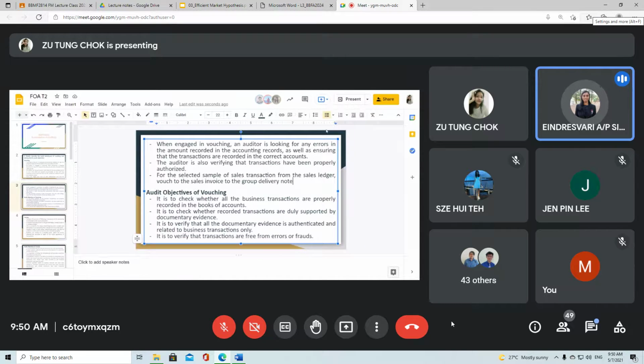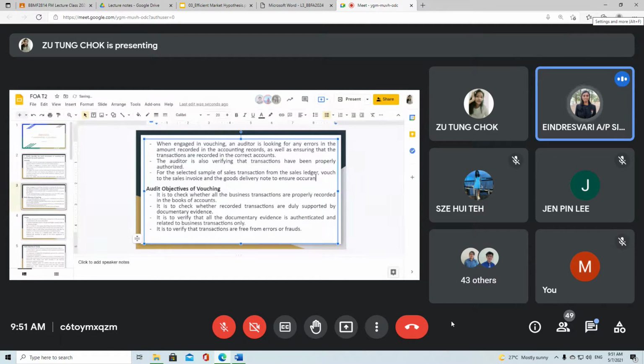Goods delivery note. Can anybody correct her answer? She heard everything wrongly. For selected sample of sales transactions from the sales ledger, vouch to the sales invoice and the goods delivery note, to ensure occurrence, or to ensure the sales transaction had taken place.